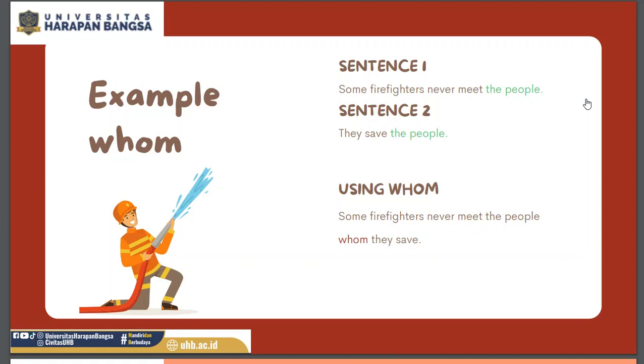So whom here refers to the object, but who refers to the subject. The people here, the green word, is the object. So whom represents the object.